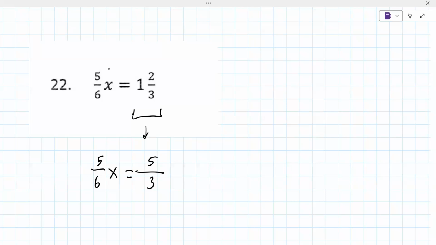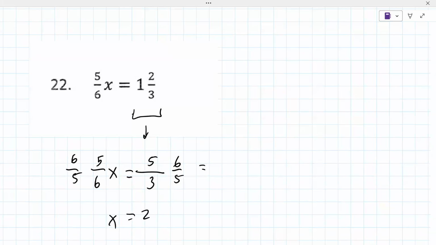So then that would be this. X equals 2. You're multiplying both sides by 6/5.